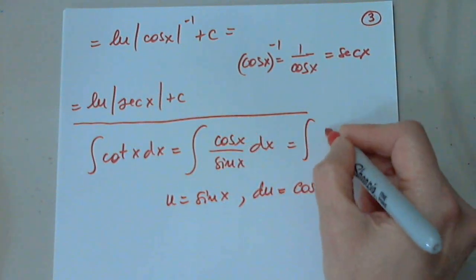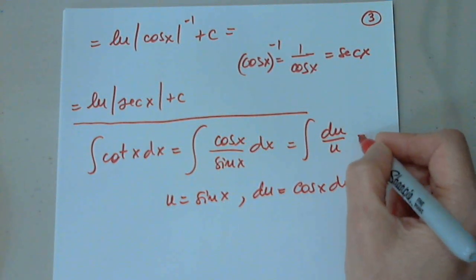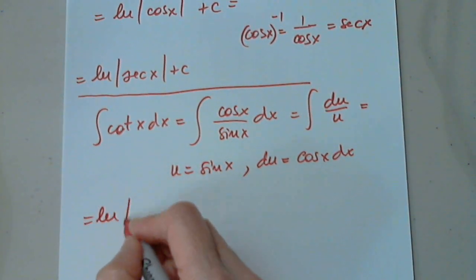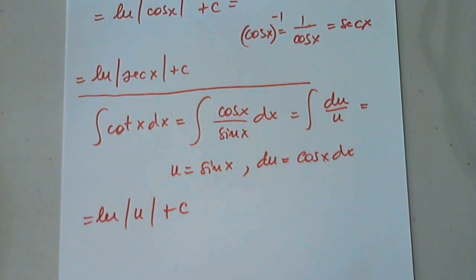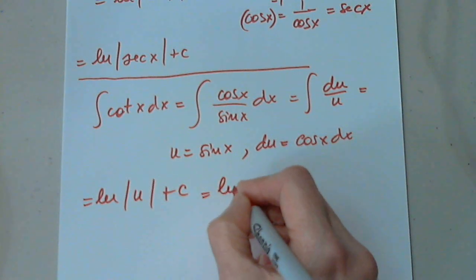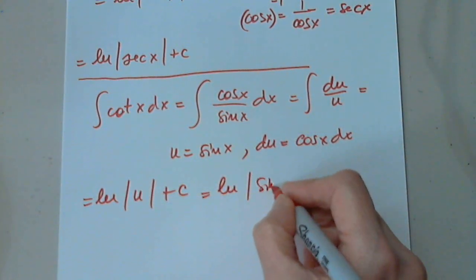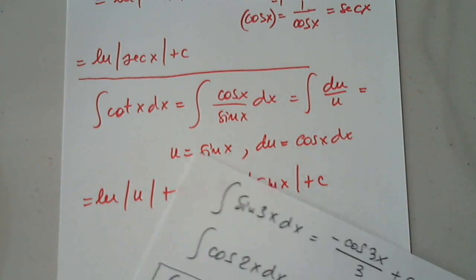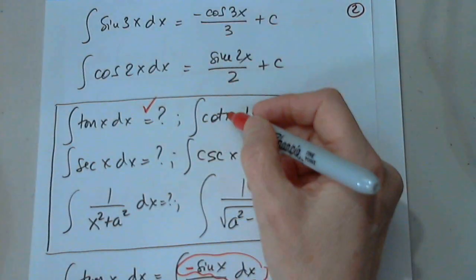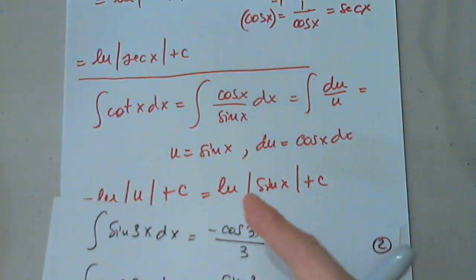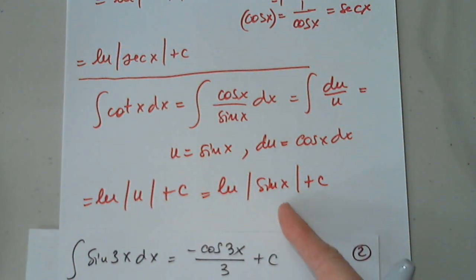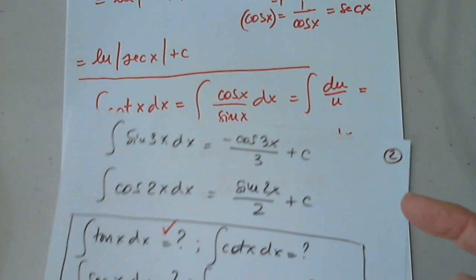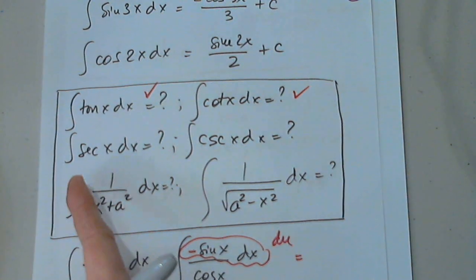So this is the integral of du over u. And that is natural log of the absolute value of u plus a constant c, which is natural log of the absolute value of sine x plus a constant c. So moving forward, we know from now on that the integral of cotangent is natural log of the absolute value of sine x plus c. Moving on to secant.